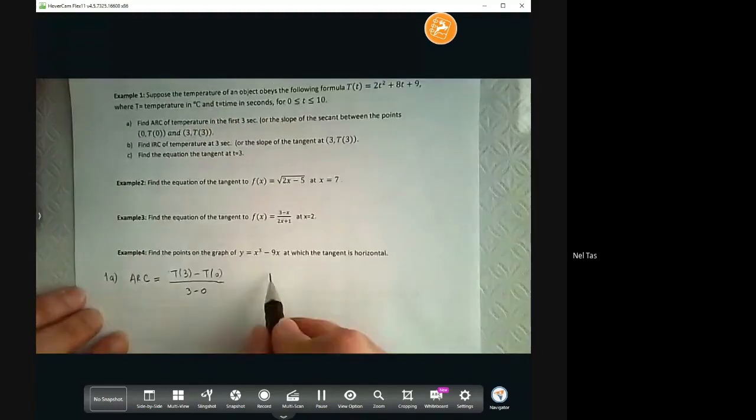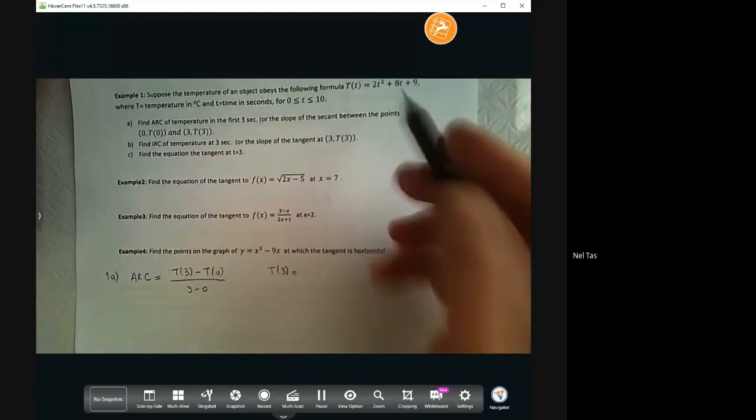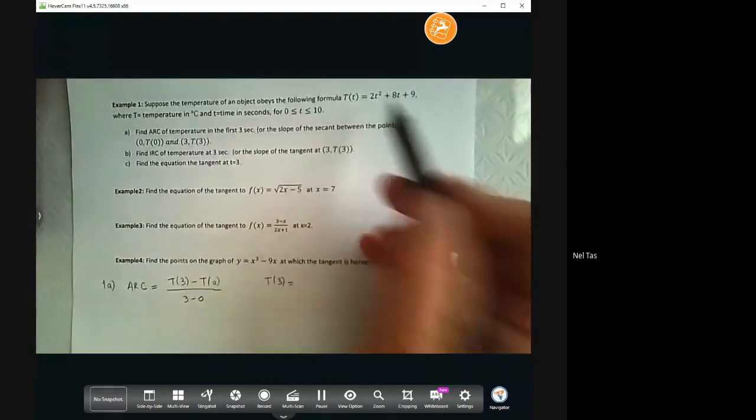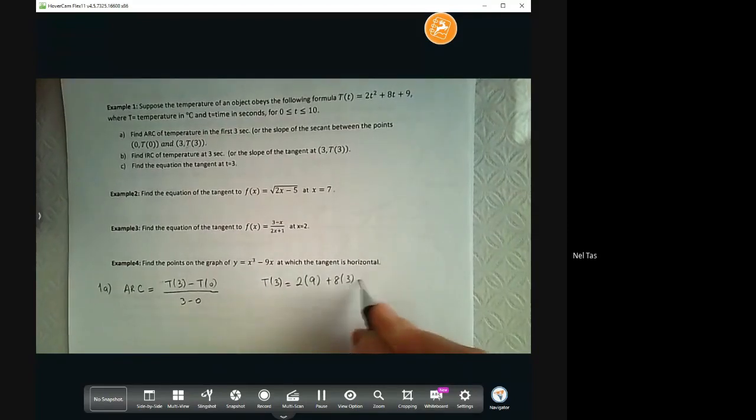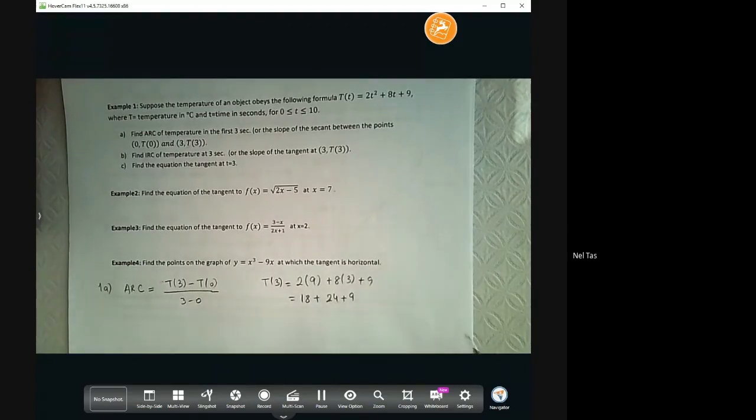So we can calculate T of 3. Substitute 3 in this equation: 2 times 9, plus 8 times 3, plus 9, which is 18 plus 24 plus 9.